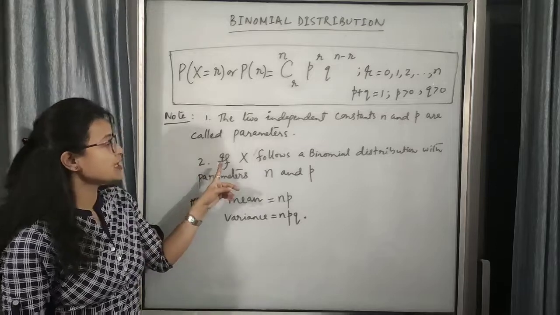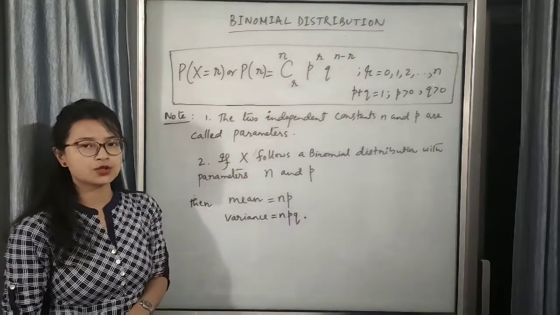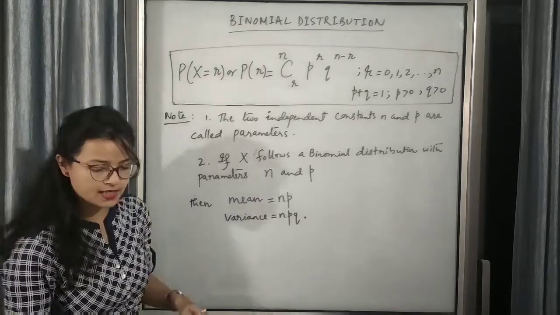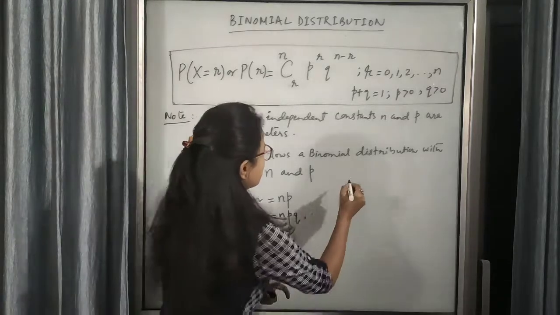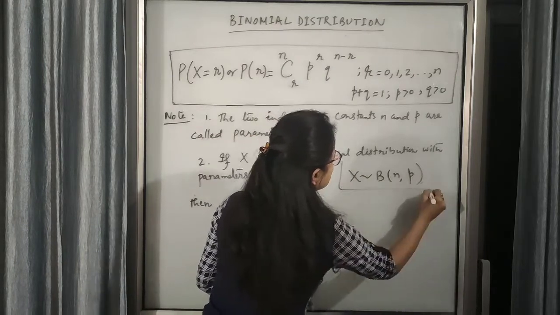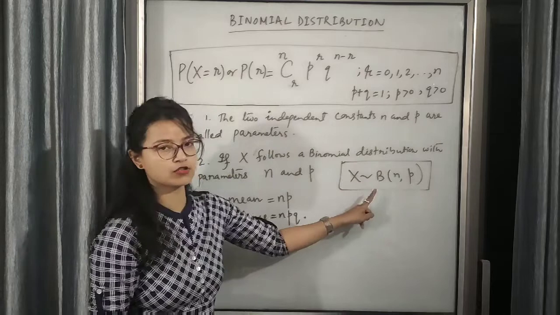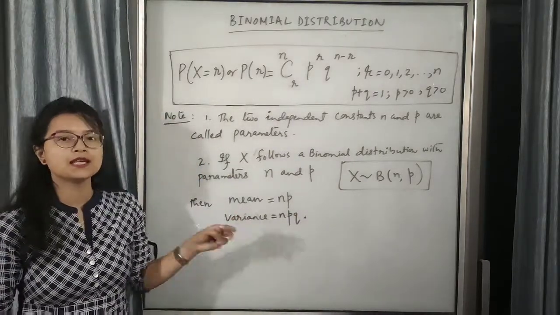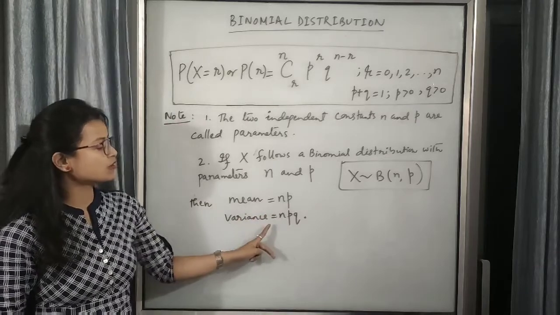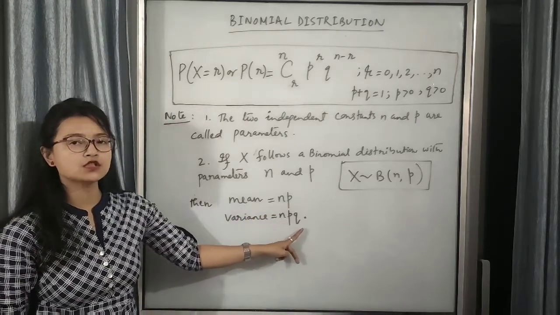Number 2, if X follows a binomial distribution with parameters n and p, in symbols we can write it this way also, then the mean is n into p and the variance is equal to n into p into q.